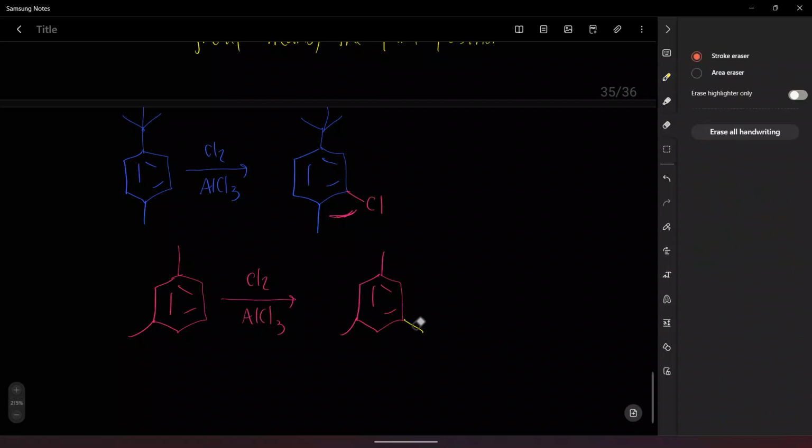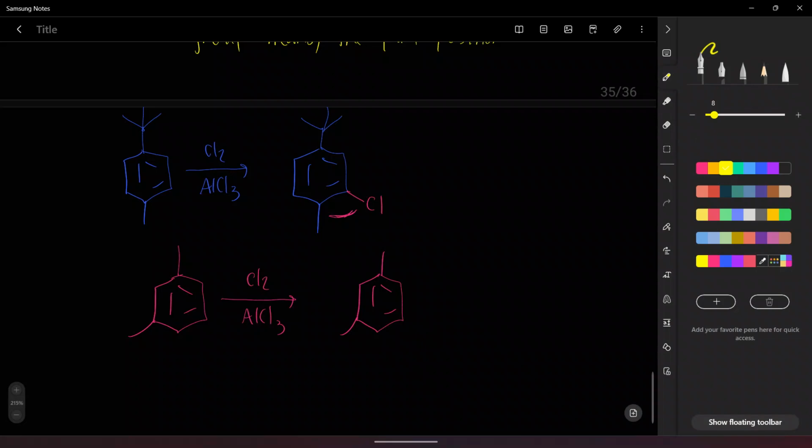You're going to put the chlorine right here. The chlorine would not go ortho to both of them because, again, that would be the most sterically encumbering situation.